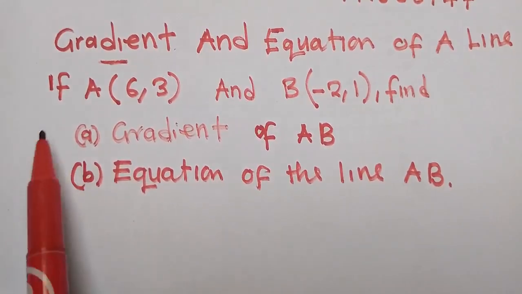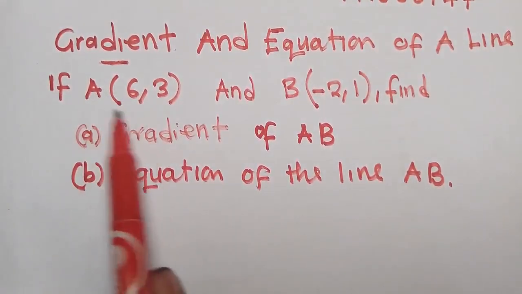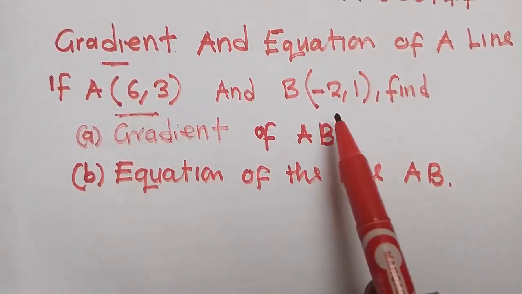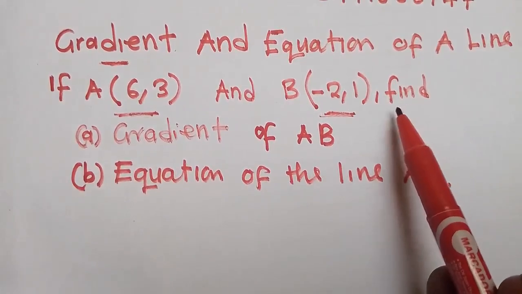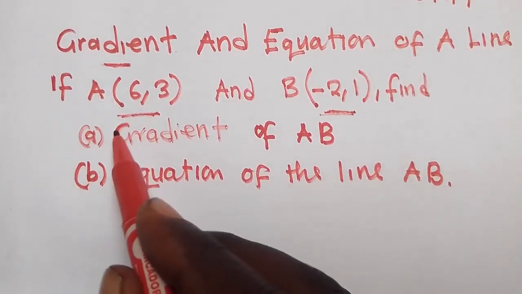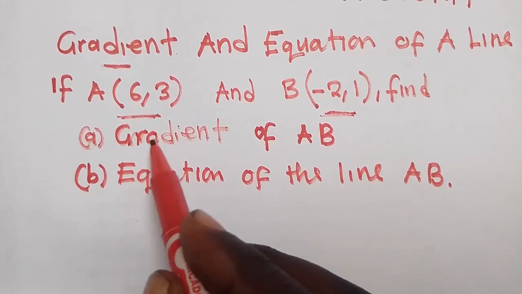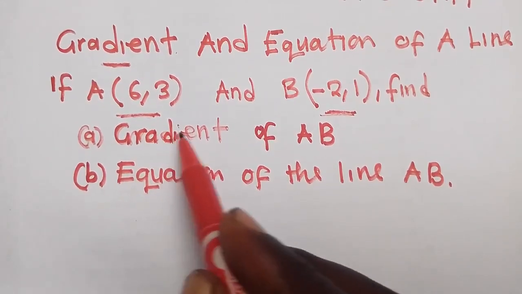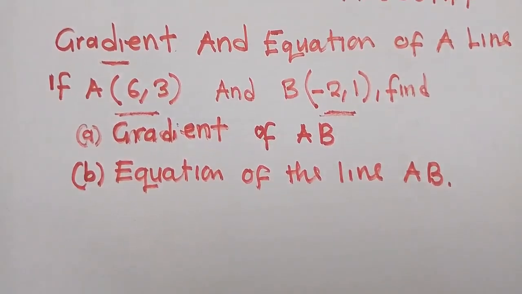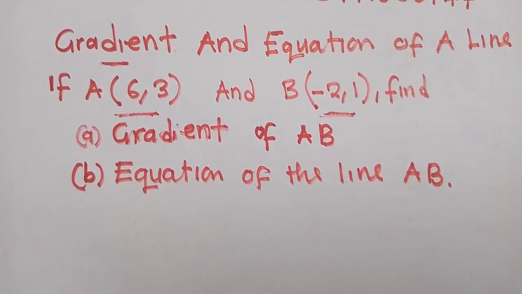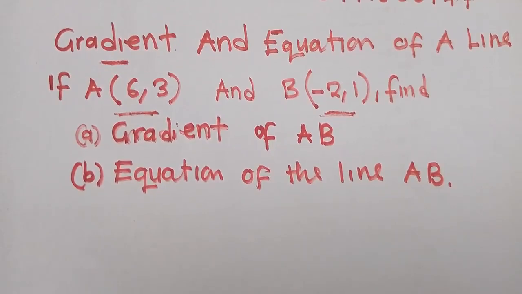So if A has this coordinate and B has this coordinate, the first question is saying find the gradient. They want you to find the gradient of AB. How can you find the gradient of AB?